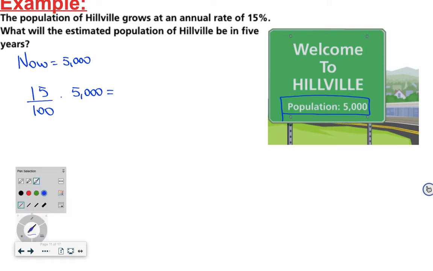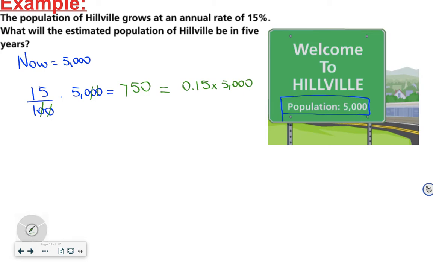If you simplify, you will get 750. Or we can keep it as 0.15 times 5,000. And this is going to be added to your current population.